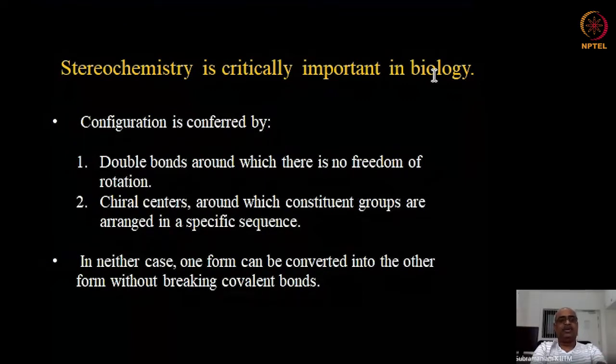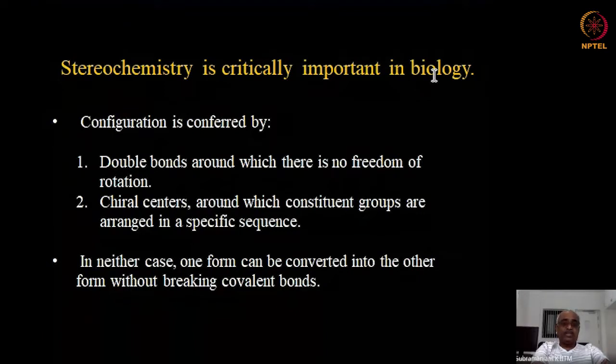You can go ahead and learn about it on your own as homework, like why the carboxylic acid group in glycine behaves differently from the carboxylic acid in acetic acid. That is chemistry. So even functional groups, depending on the arrangement in a molecule, can vary in their chemical behavior itself.